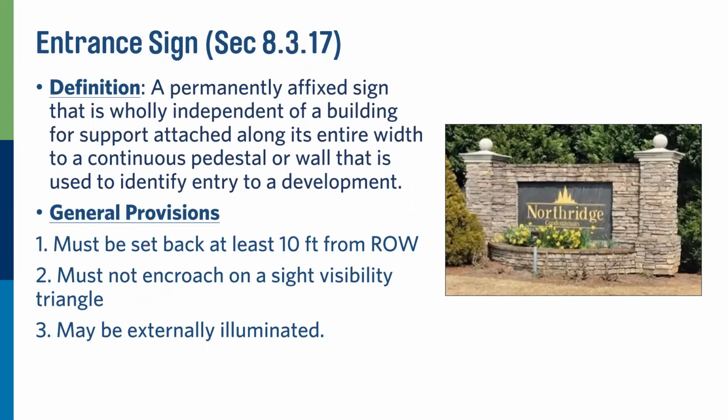It's a permanently fixed sign that is fully independent of the building for support, attached on its entire width to a continuous pedestal or wall that is used to identify entry to a development. It's got to be set back at least 10 feet from the right of way. The right of way is technically X amount from the center line of the road.